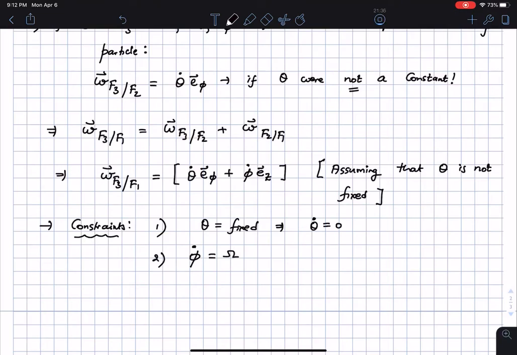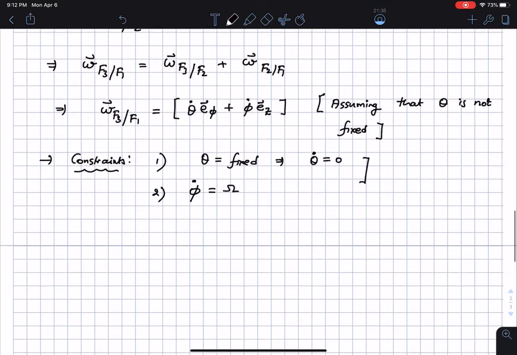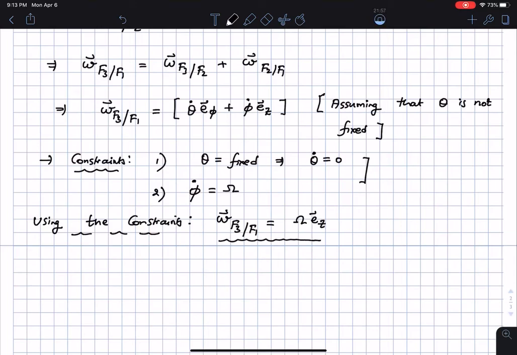Using these constraints, we can say the following: omega of frame 3 slash frame 1 is actually equal to omega in the EZ direction. So these are the two constraints that we have right here.